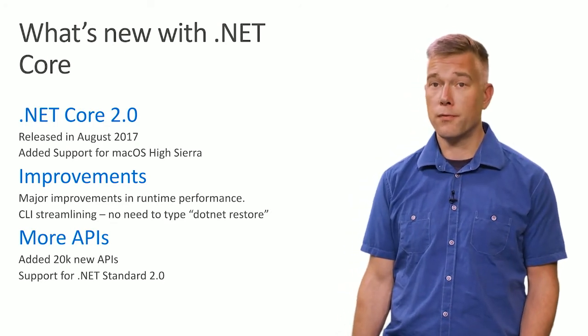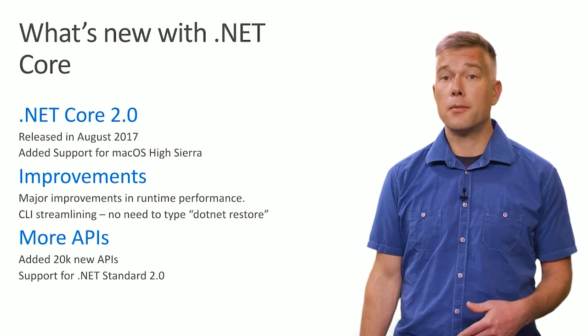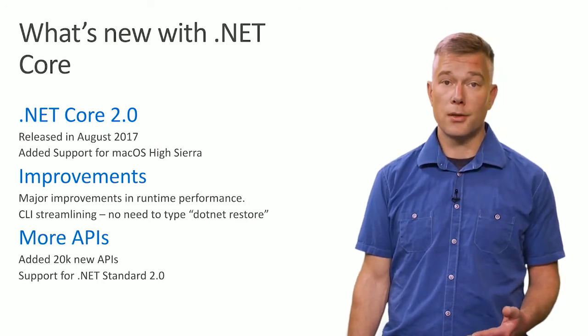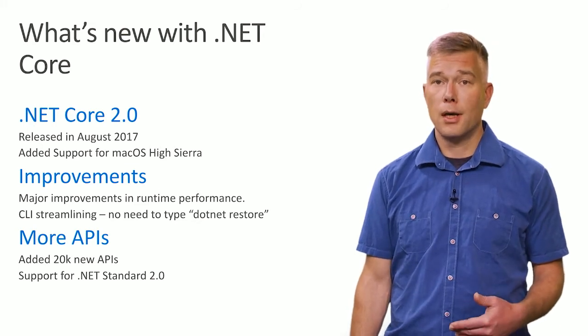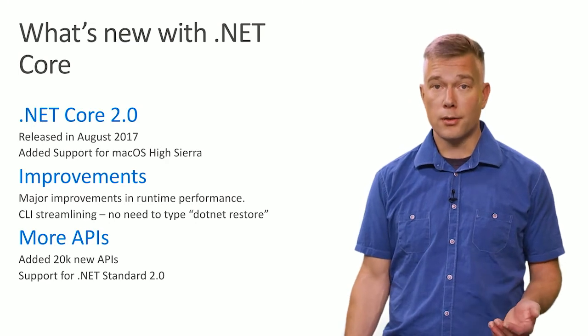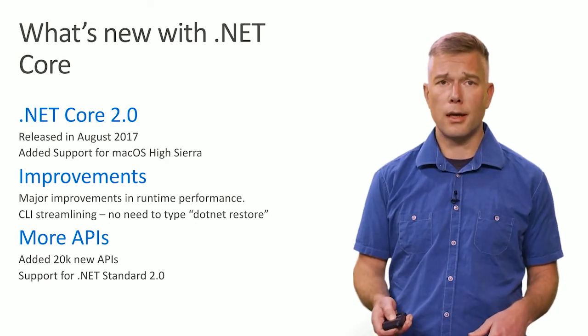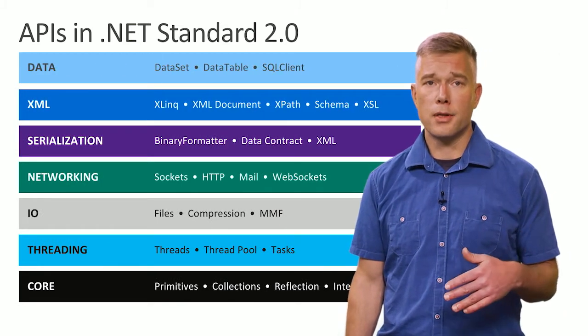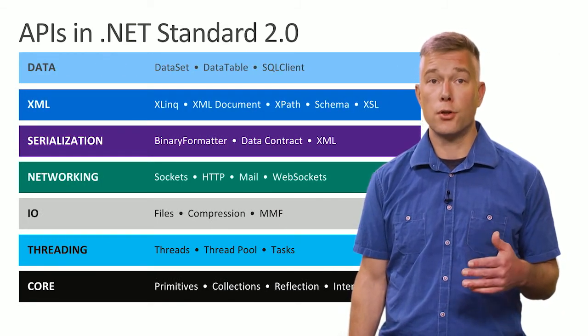What you will notice in Visual Studio for Mac is that we've added many more APIs. We've added about 20,000 APIs to the product in .NET Core 2.0, and this is all part of us supporting .NET Standard 2.0 in the product. So let's take a look at that. These are all the API categories that are now supported in .NET Standard 2.0.